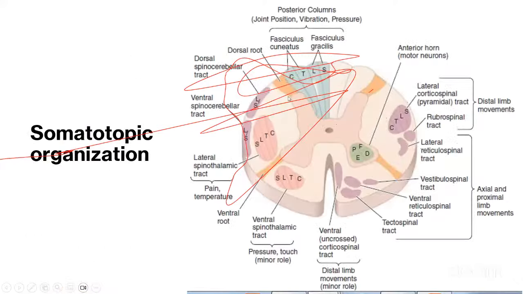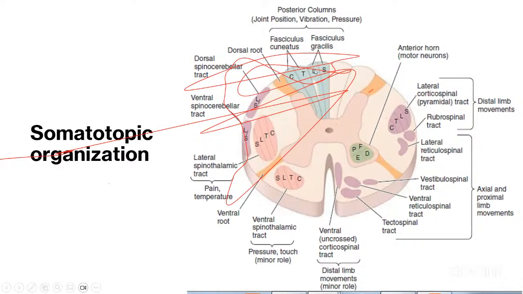The somatotopic organization is also equally important. In the fasciculus gracilis and cuneatus, cervical fibers are placed towards the lateral side, whereas sacral fibers are towards the medial side. Whereas in the lateral spinothalamic tract and corticospinal tract, cervical fibers are placed towards the medial side, and sacral fibers towards the lateral side.